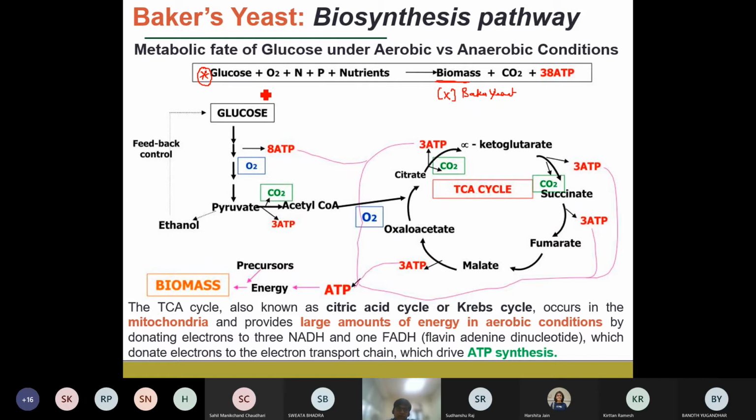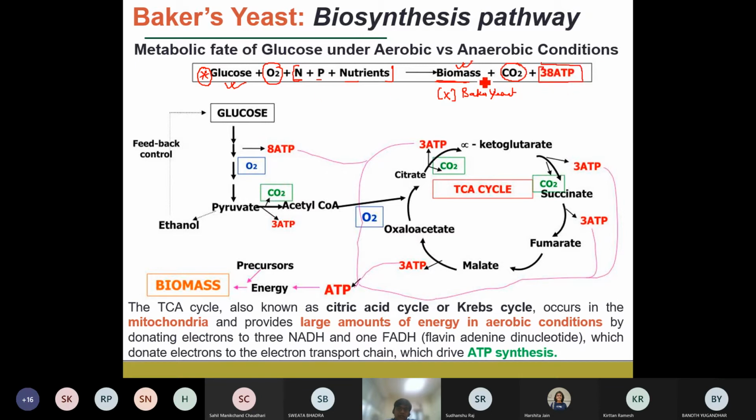This shows the overall reaction in which the carbon source is glucose, and the main thing is that it is carried out in the presence of oxygen and the other nutrients. We will look into the other nutrients in our subsequent slides, but the main objective is to increase the biomass concentration. It releases carbon dioxide, and the amount of ATP is produced.